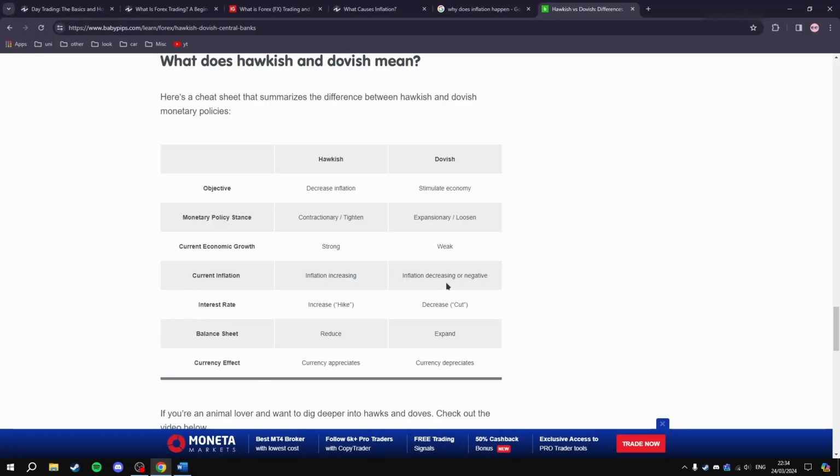Inflation increasing, inflation decreasing or negative. I don't understand what this means. And balance sheets as well.